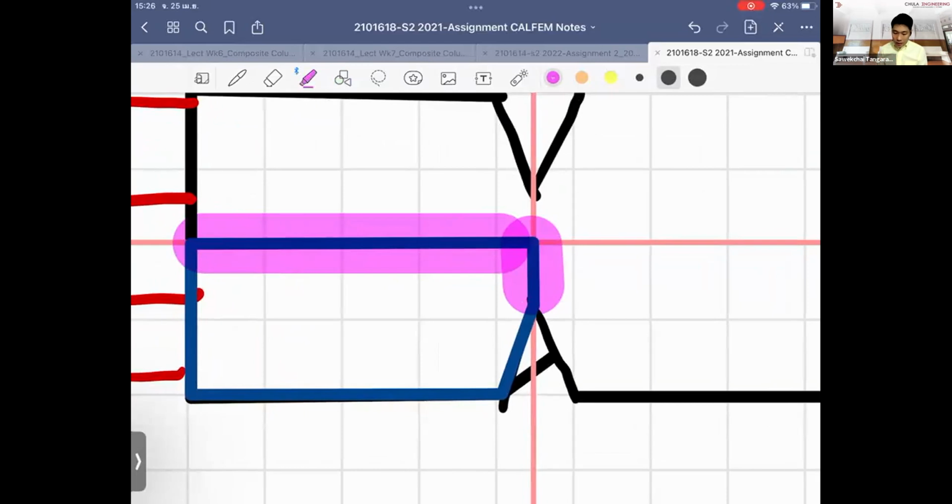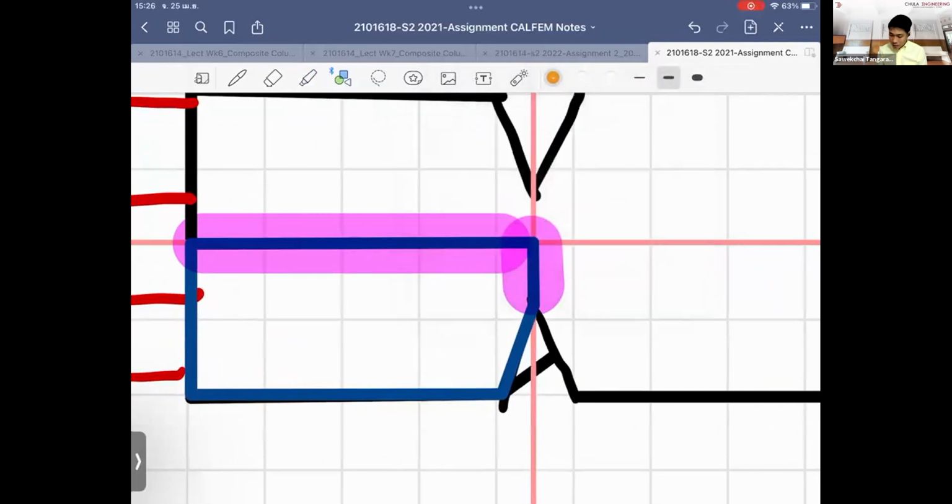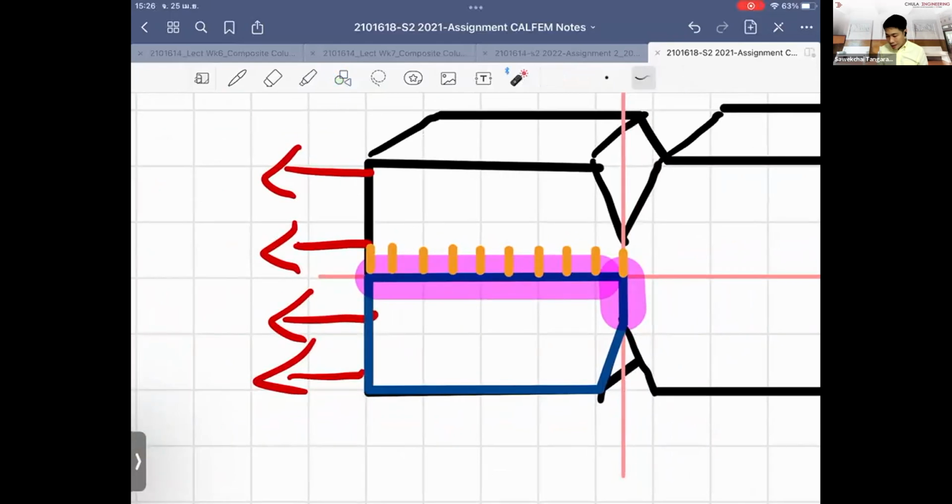Because the behavior of them is like a mirror image, we know that there are restraint conditions over the boundaries here. What does it mean to be a mirror image? There is no translation in this direction, so any line here is a line of zero movement in the vertical direction.